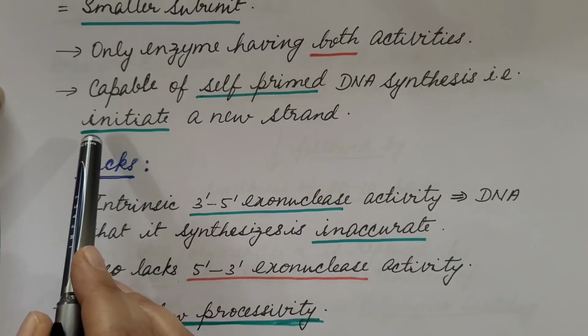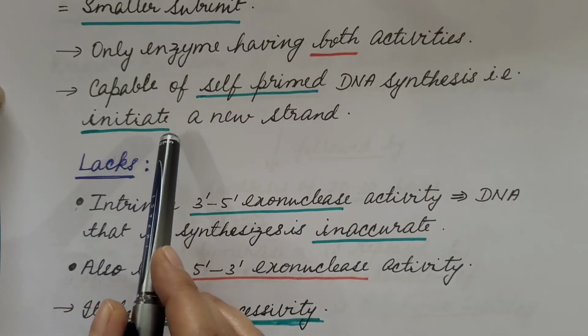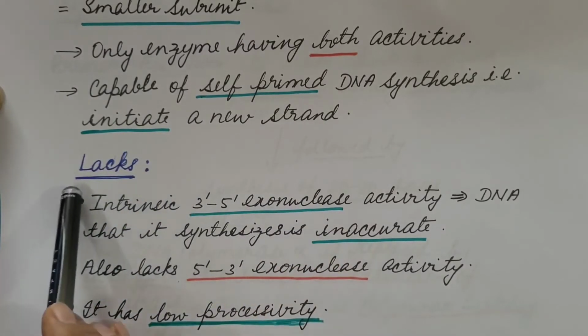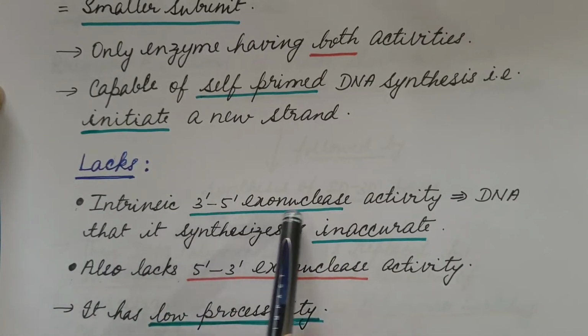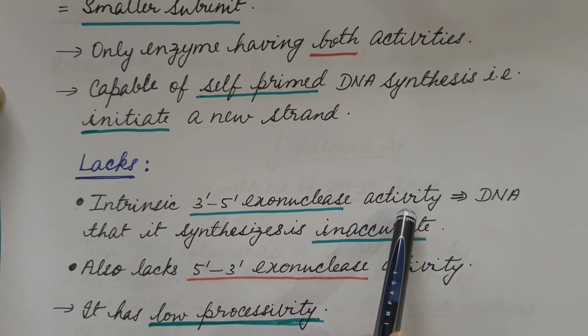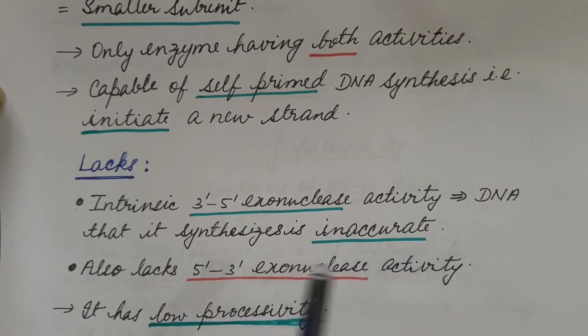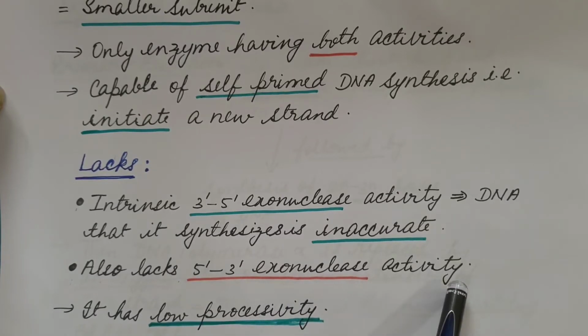None of the other DNA polymerase enzymes are capable of initiating a new strand. But it lacks intrinsic 3'-5' exonuclease activity, that is the proofreading activity. Hence, the DNA that it synthesizes is inaccurate. It also lacks 5'-3' exonuclease activity.